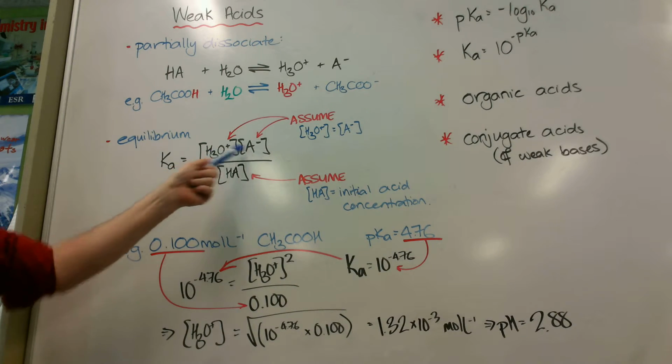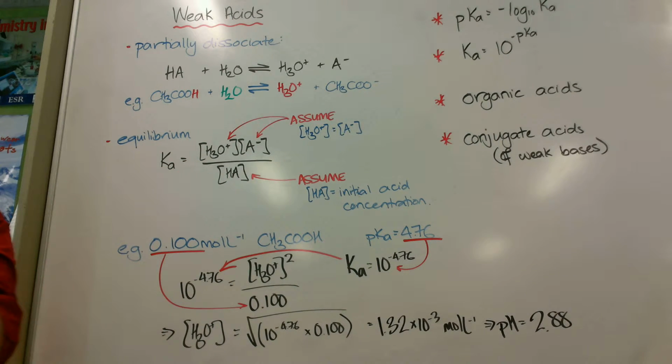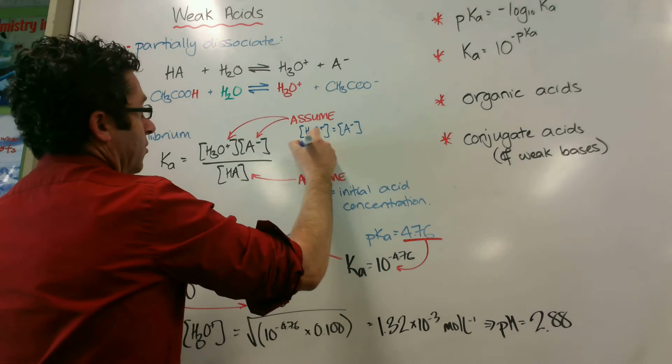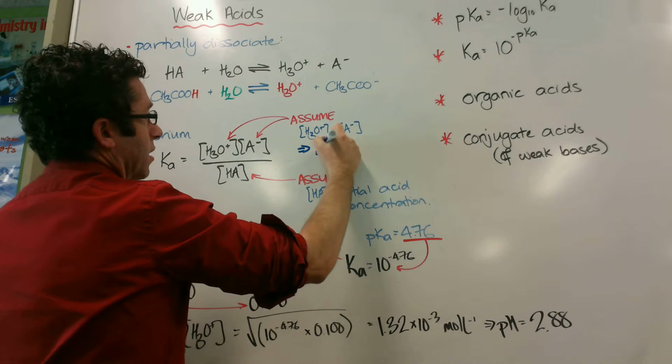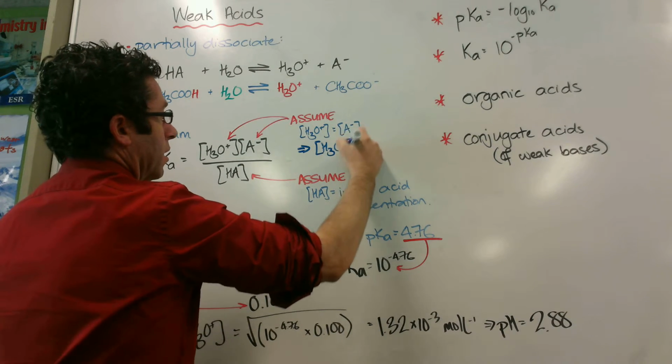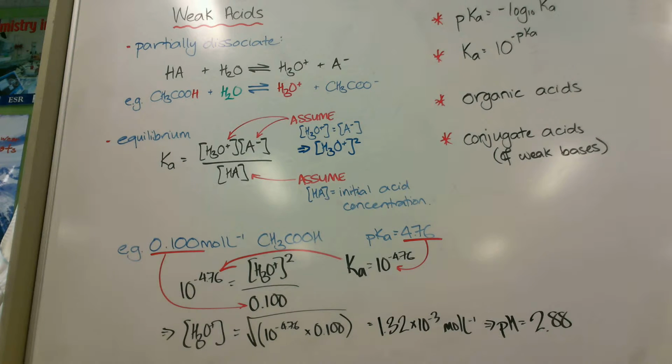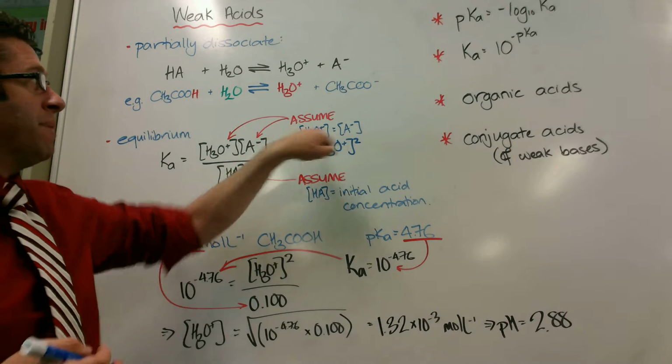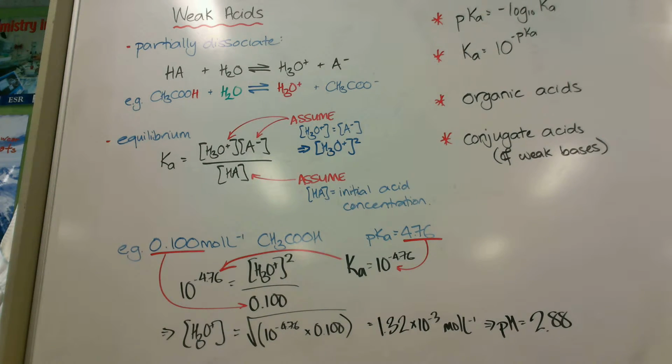Effectively, this is the hydronium ion concentration squared, so you can rewrite this like that, because we're assuming they're the same. And they basically are. They're the same enough that this will work for finding pH to 3 significant figures. Not much more, but it will to 3.